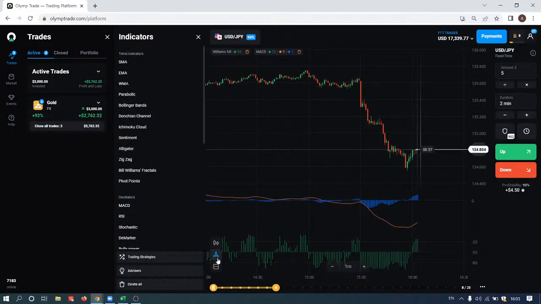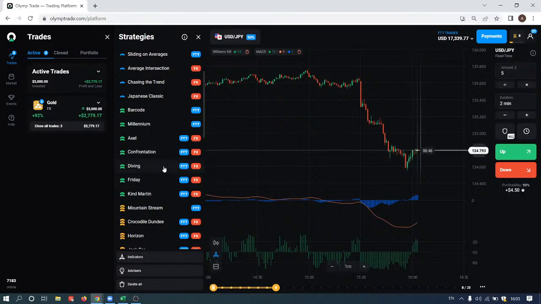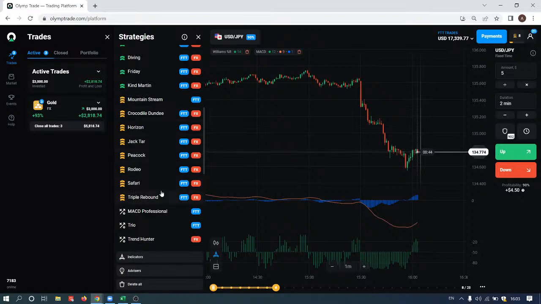If you want to enable this trading strategy, first of all, you have got to have expert status, or maybe a test drive of this expert status, or you can even purchase a pack of trading strategies, or you can adjust and add these trading strategies to the chart yourself.